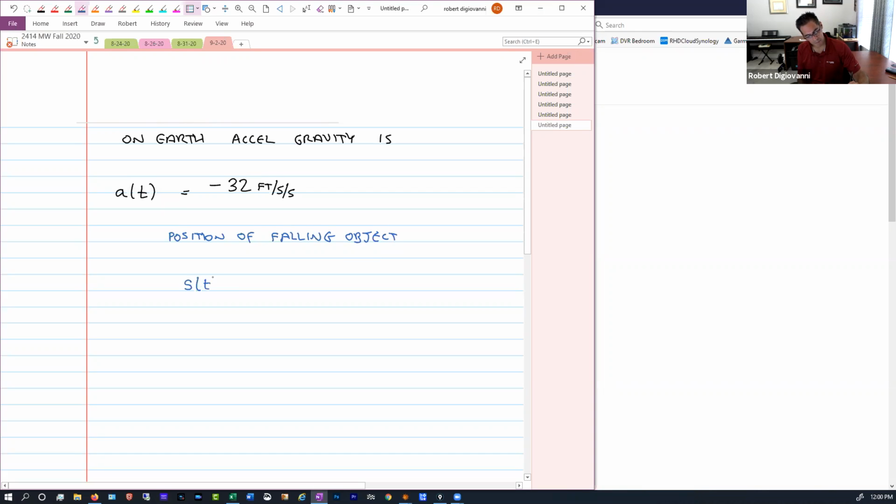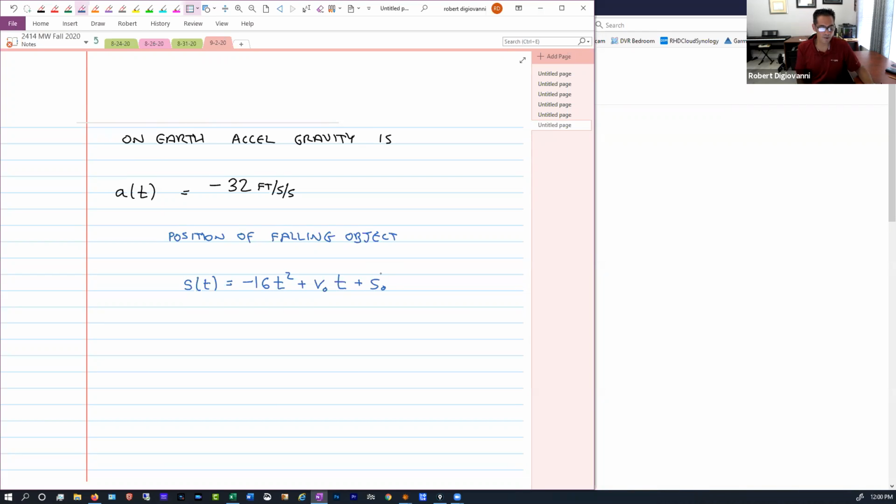S of t equals negative 16 t squared plus v naught t plus s naught. Okay, just nod your head or give a thumbs up if you remember seeing that anywhere before, like in physics or some other class. You know, a couple of you.